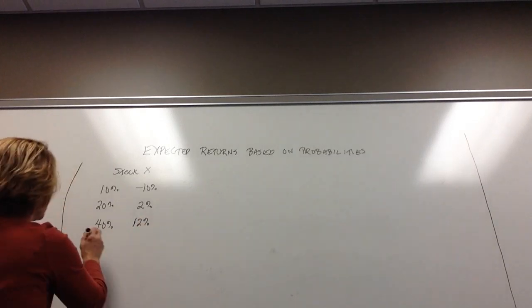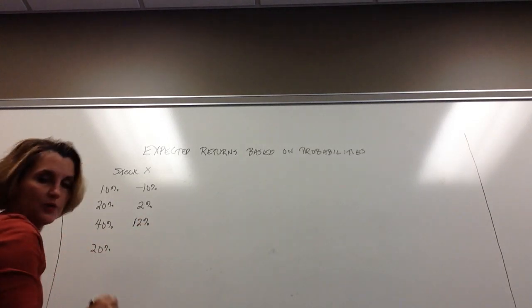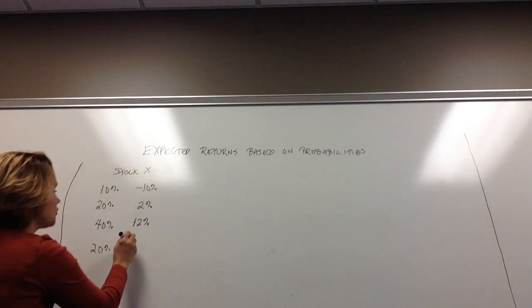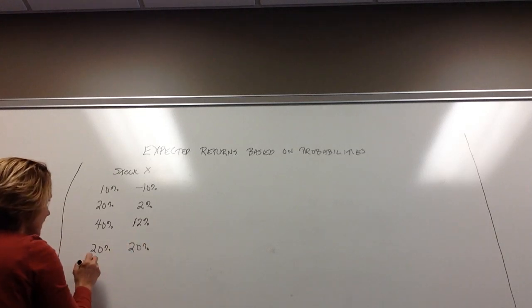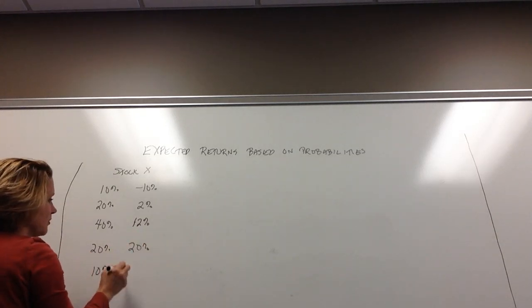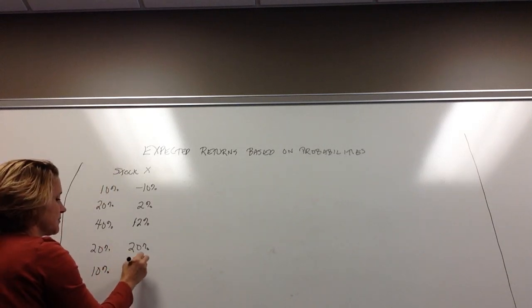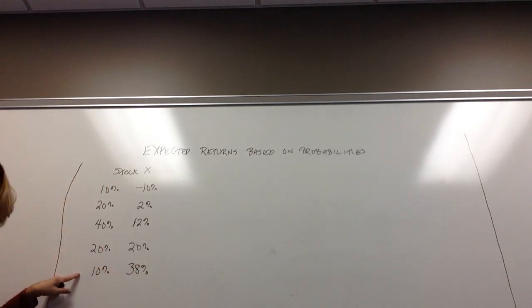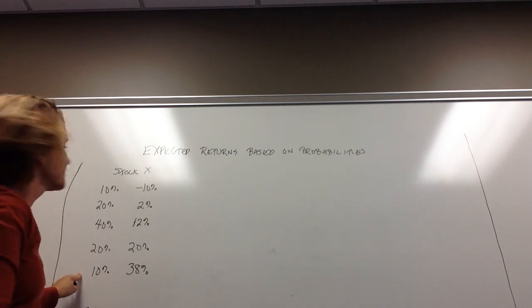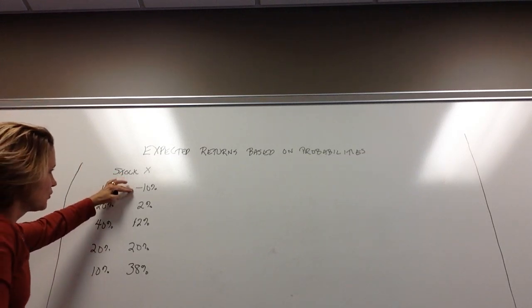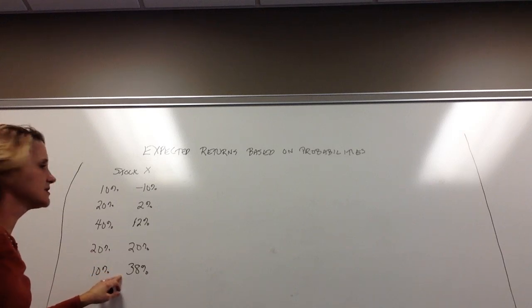Then we go back down the other way. There's a 20% probability that we are going to make 20%, and then a 10% probability that we're going to make 38%. If you add up these probabilities, you'll see you're at 100%, and these are going from worst case scenario to best case scenario.